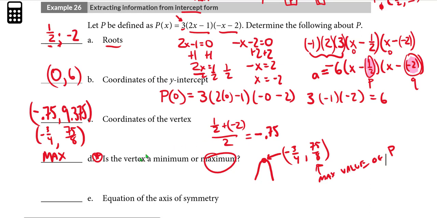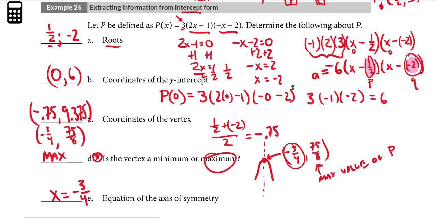The equation of the axis of symmetry, well, that's easy. We've already found it, because remember, the equation of the axis of symmetry is the x coordinate at the vertex. So the axis of symmetry is this vertical line that runs through that vertex, and its equation is x equals -3/4 or x equals -0.75.